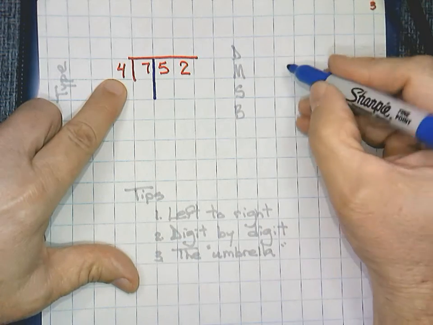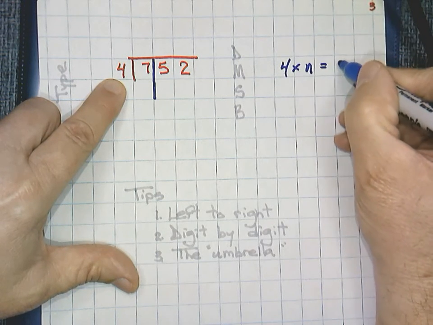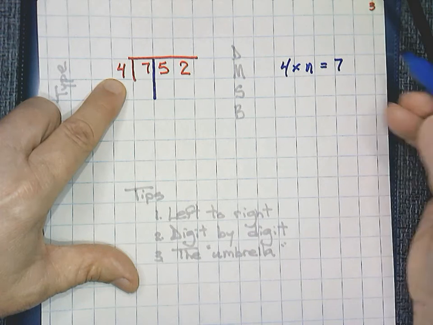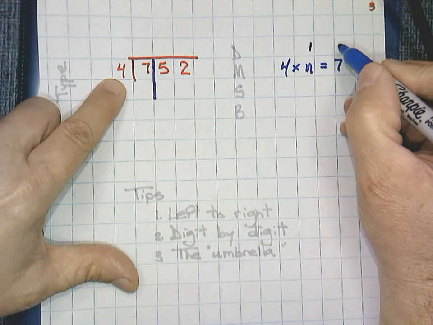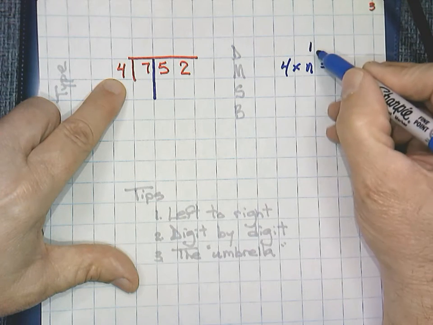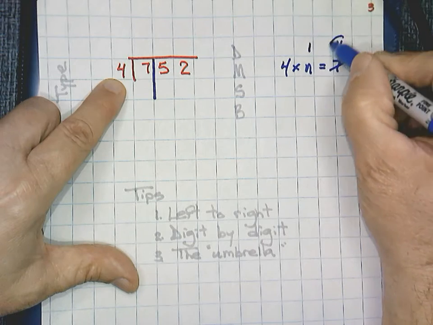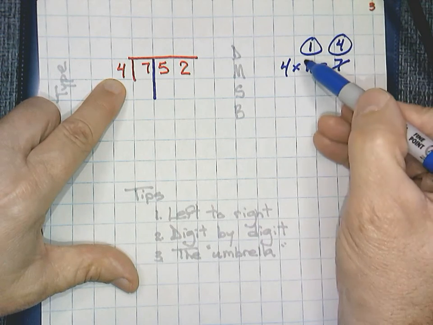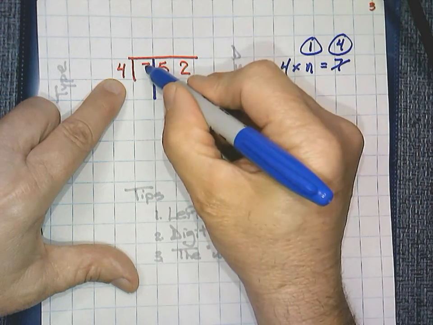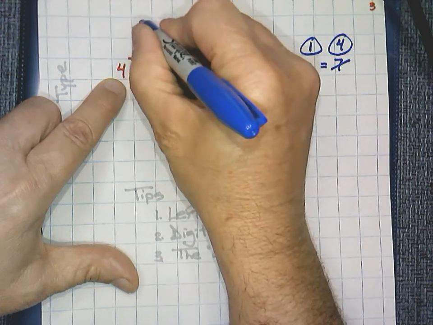So I'm going to write my equation. 4 times n equals 7. And I'm going to solve for n. Well, that would be 1, but it does not. 4 times 1 does not equal 7. It equals 4. We circle both numbers and use them just like always. But notice this time the 1 is going to come over the 7. Remember, that would be 7 hundreds.